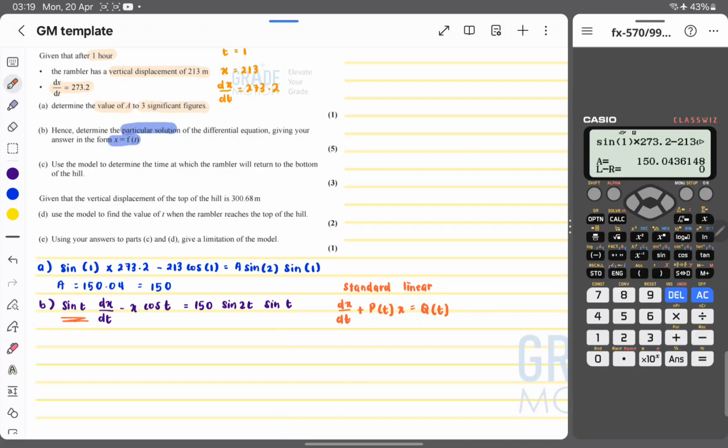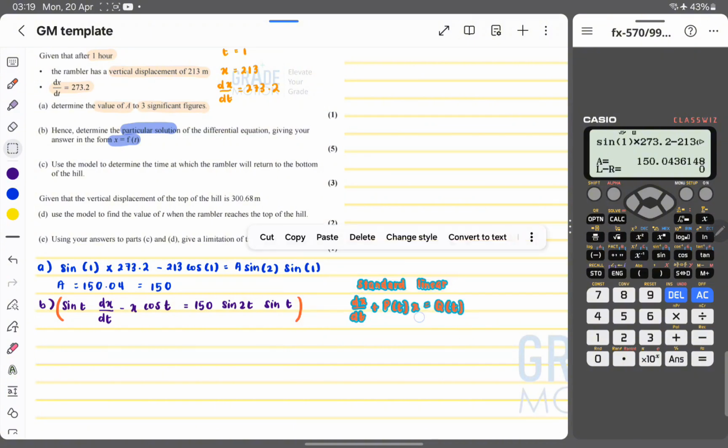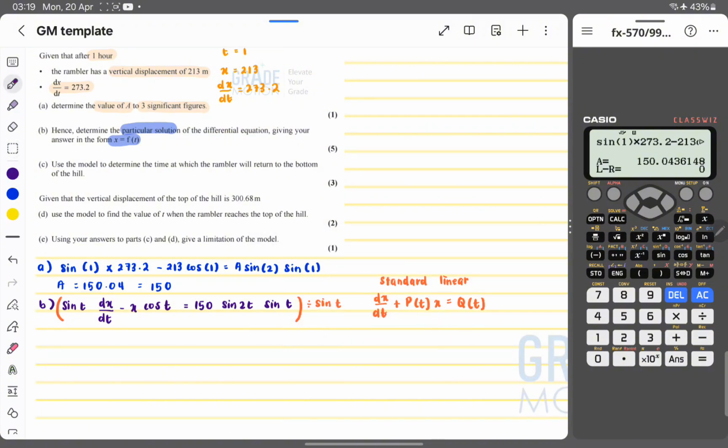Notice that we don't want to have sin t in front of that, so we're going to divide everything by sin t. We will get dx/dt minus cos t over sin t times x equal to 150 sin 2t. This sin t will cancel with this sin t.